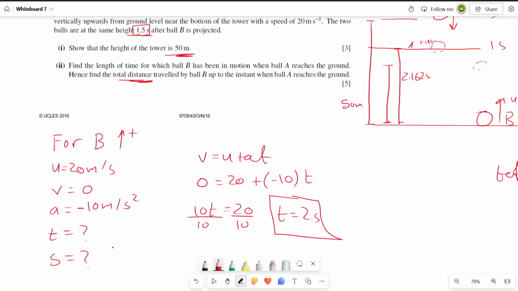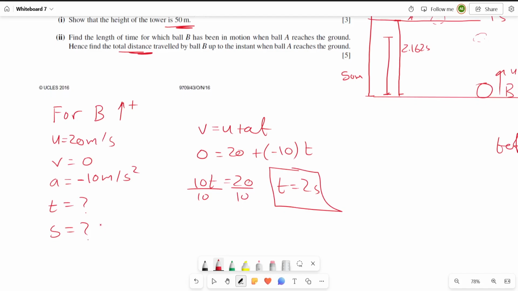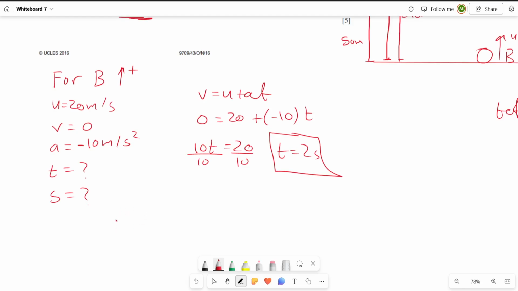How much did B move? Again, I can use any of the SUVAT equations over here. However, I will choose the one that doesn't have a time in it. Why? Because time is something I calculated, so I might have done it wrong, and I don't want to use it and get the displacement wrong too. This is something you can take care of when you can, but it's not always applicable.